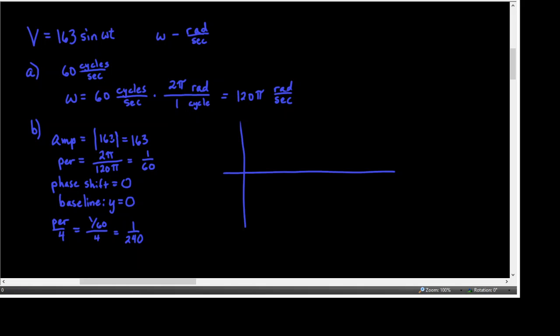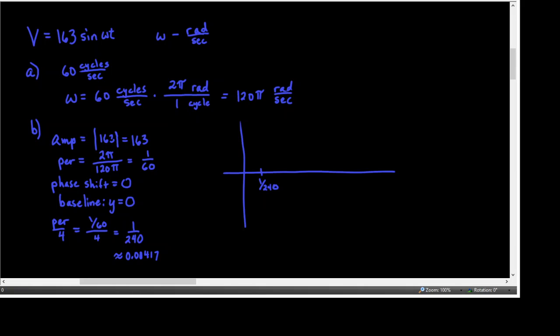So each mark here is worth 1/240. Now to see how many of those I'm going to need, I'm probably going to need to convert that to a decimal because I'm supposed to graph all the way to 0.05. So I do want to make sure I do that correctly. Okay, that's about 0.00417, give or take.